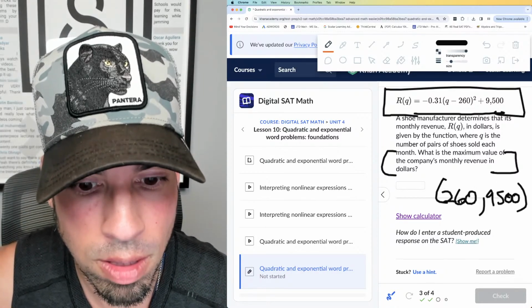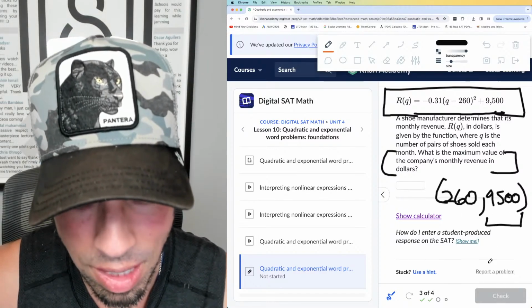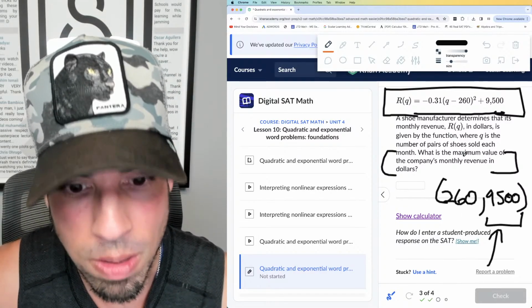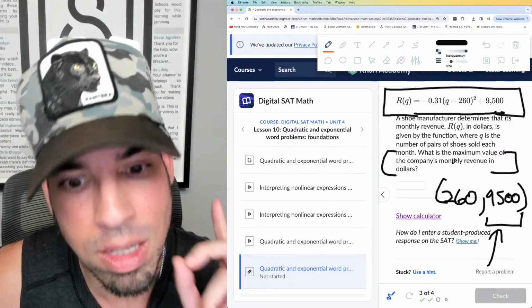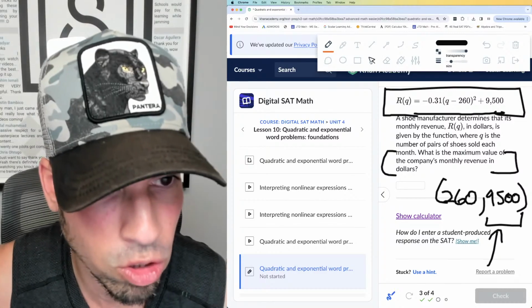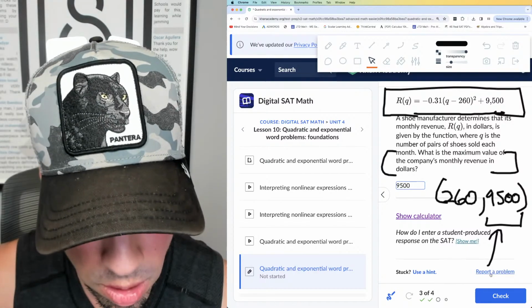So the maximum value occurs at this point, meaning the max revenue is the second value. That's the revenue value, 9,500, and it occurs when shoes equal 260. But it's asking what's the maximum value in dollars. So that is the second value, the 9,500. So 9,500 for the win.